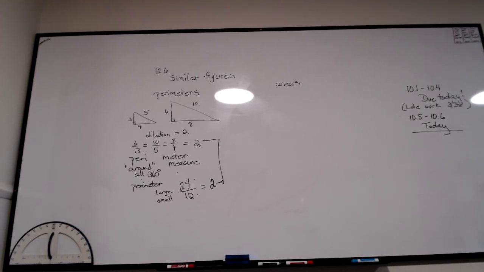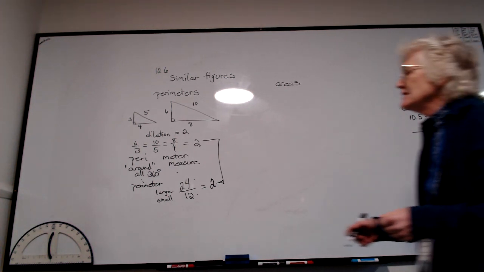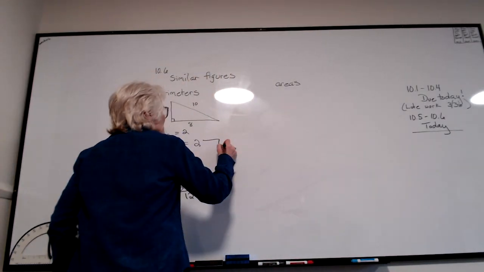So perimeter stays, because it's not squared or anything, perimeter stays as the same dilation. The perimeter of one will be twice the perimeter of the other if the dilation is 2. So they stay the same ratio.